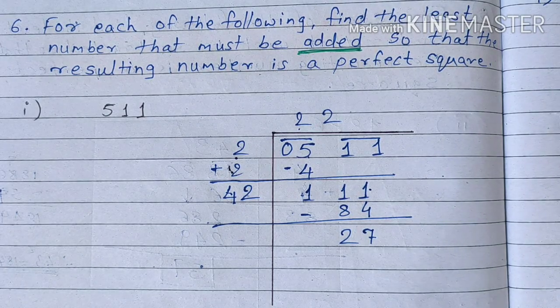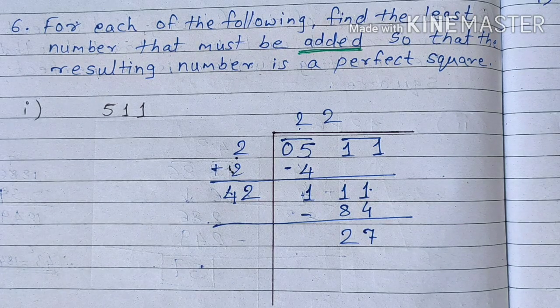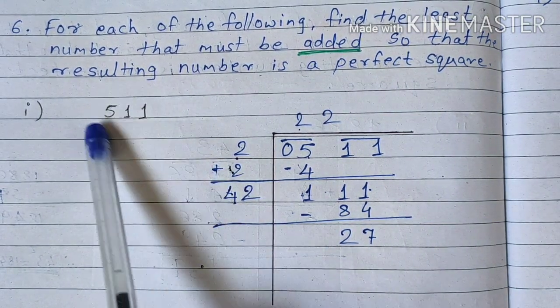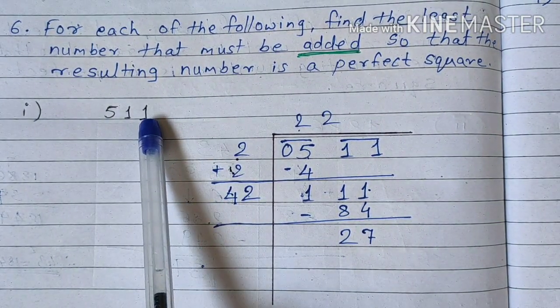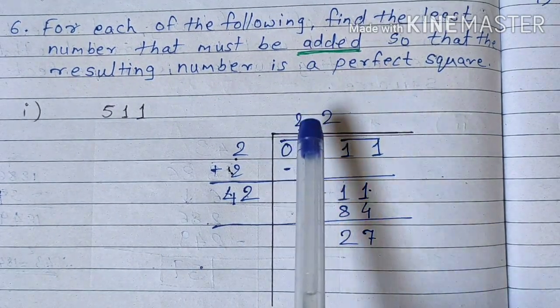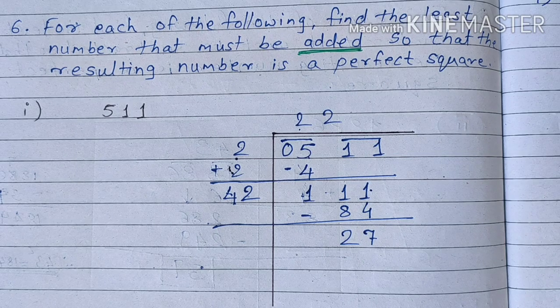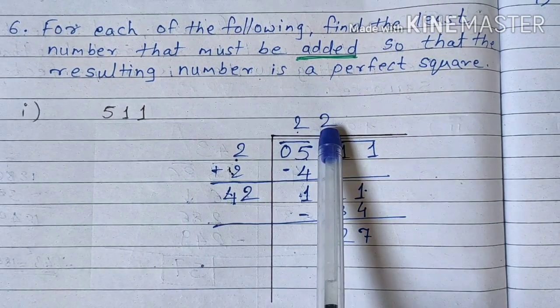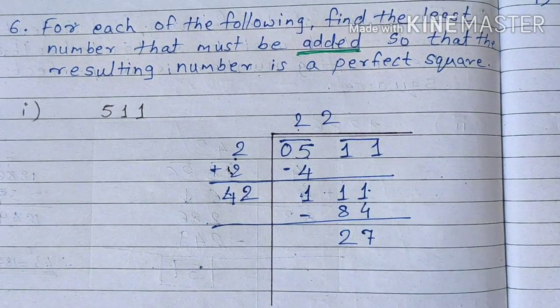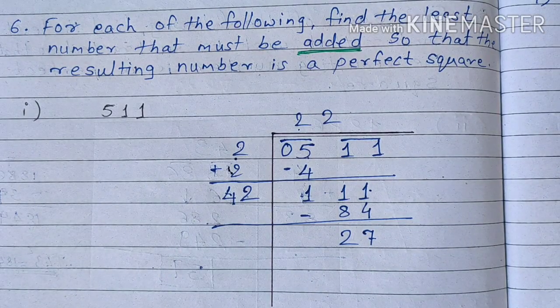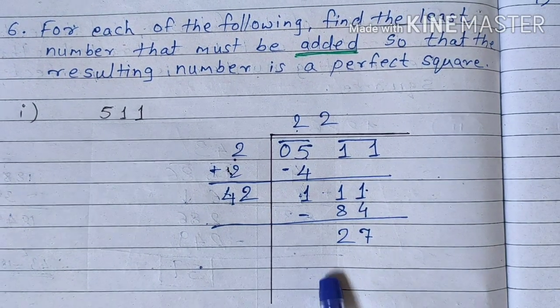But since we have to add something to it, the number will increase, and it will become a perfect square of 23, right? Because when we subtract 27, this number becomes a perfect square of 22. And if we want to add something, then it must be a perfect square of 23.